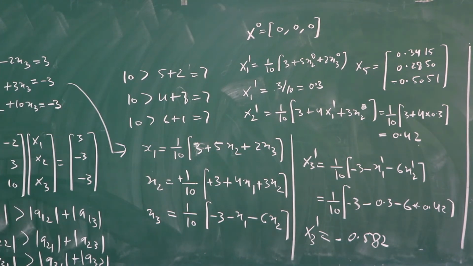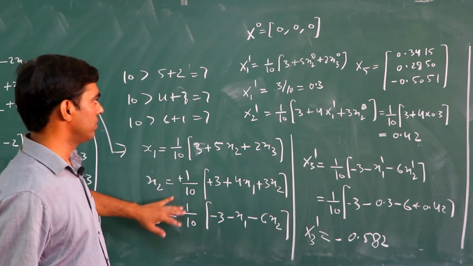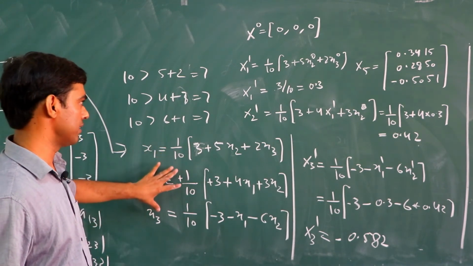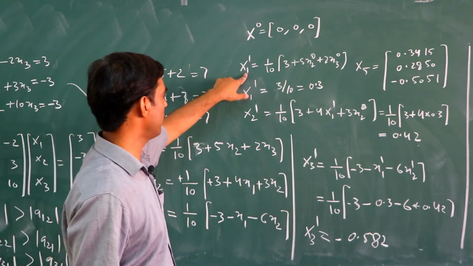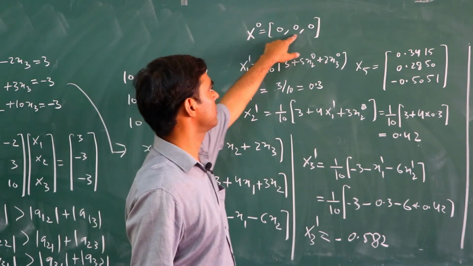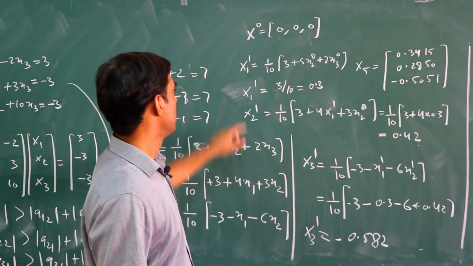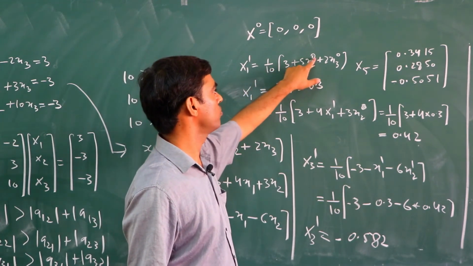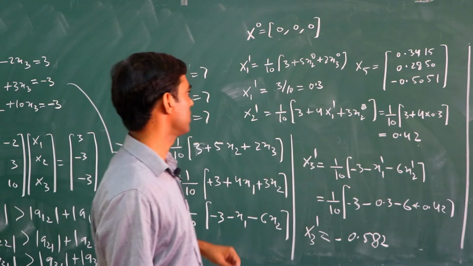So what we conclude here: x1, x2, x3, this one is the iterative scheme. Initially we assume that 0, 0, 0 is the solution. x1^(1) is 1/10 (3 + 5 x2^(0) + 2 x3^(0)).